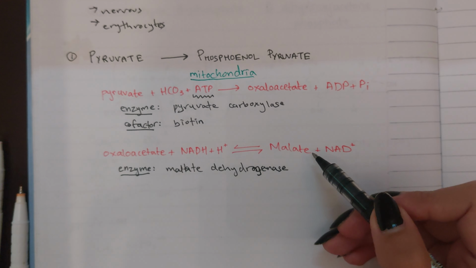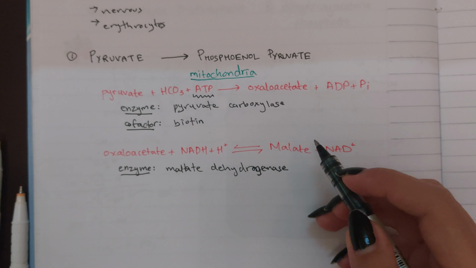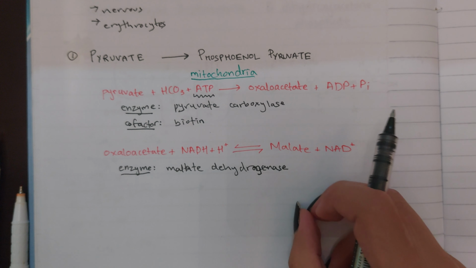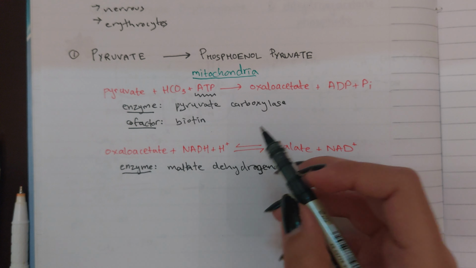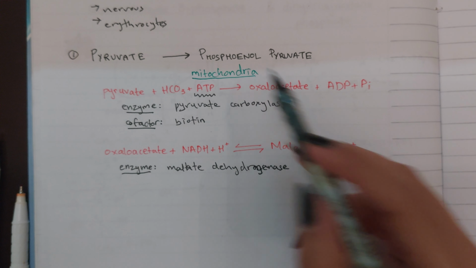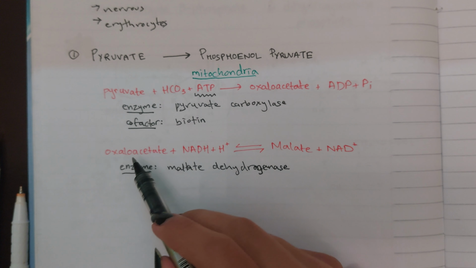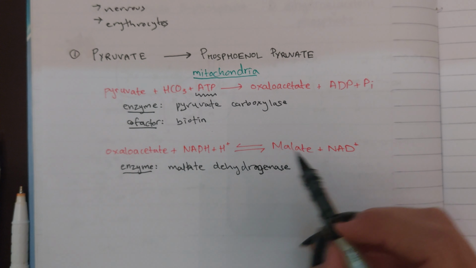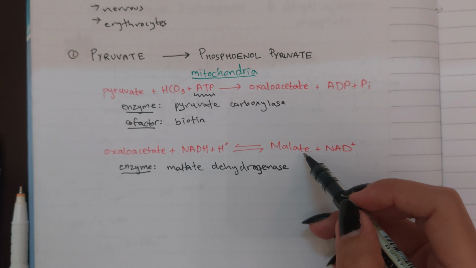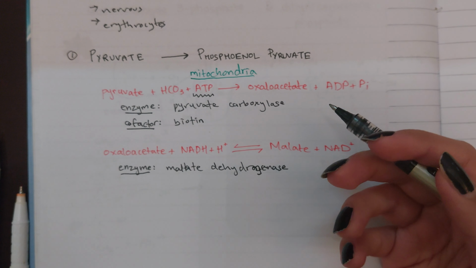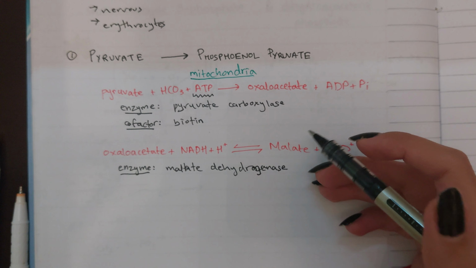So why does this convert into malate? Because there are certain transporter enzymes present in the mitochondria that are not facilitative towards oxaloacetate. Hence, it needs to be converted into malate to be able to use those enzymes and to exit into the cytosol.